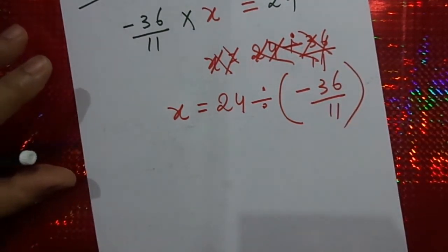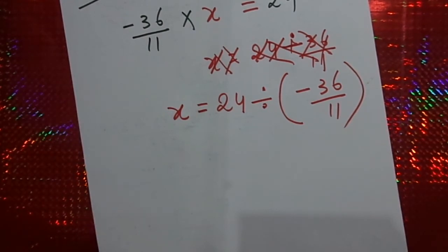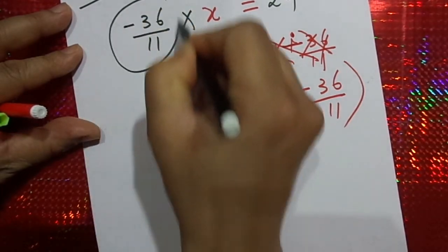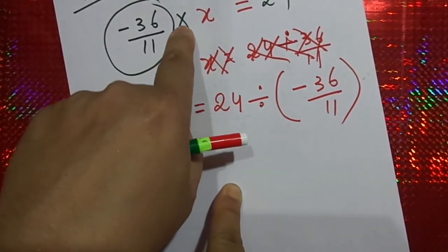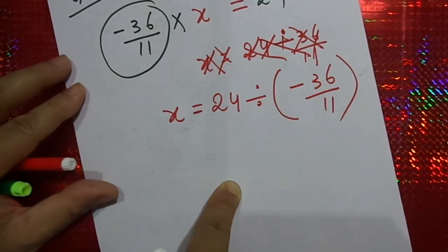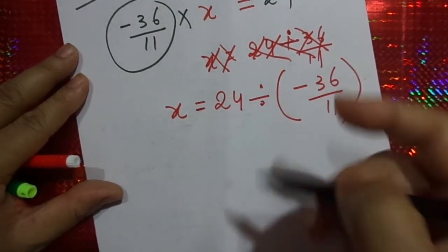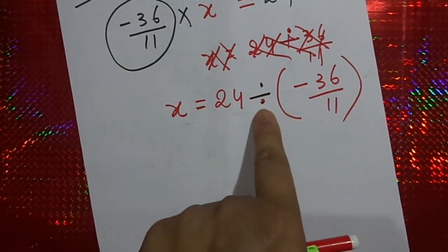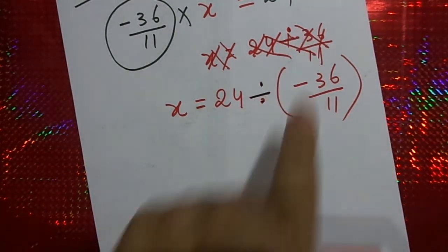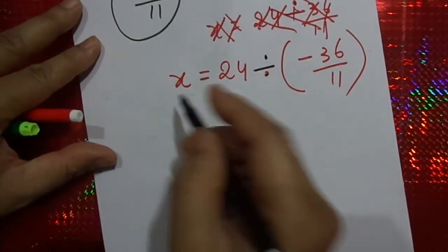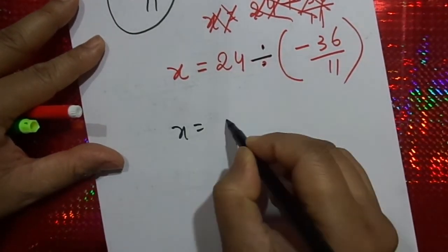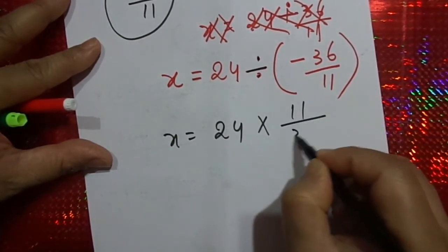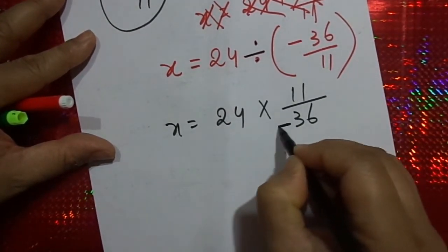The same mistake that you will do in your examination. Because here this minus 36 by 11 is in multiplication form. So it will go that side and will get changed into division form, not this one. Therefore, the value of x will be equal to 24 multiplied by 11 by minus 36.